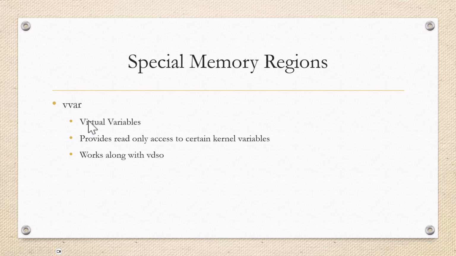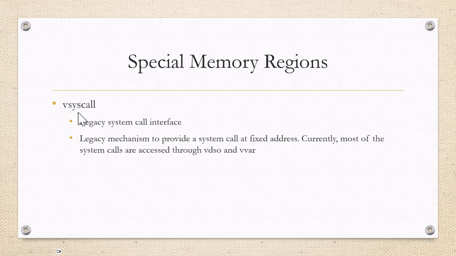And another one is vvar. This means virtual variables. This provides read-only access to kernel variables. So this actually works together with the VDSO to speed up the system call. And there is a section vsyscall.